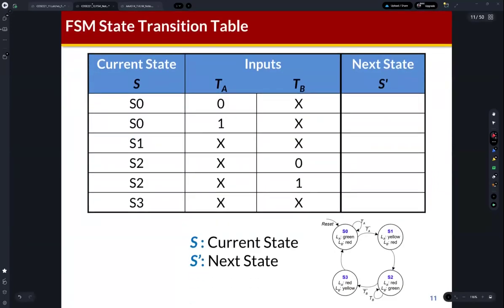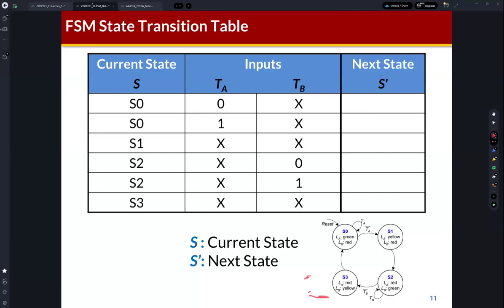This is the state transition table, right? So we can find the small state transition diagram here. Okay, so I will explain based on this. How can we make the state transition table? In a state transition table, we need to define the next state, right?